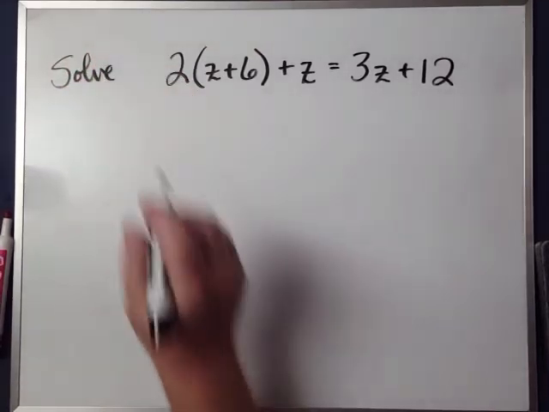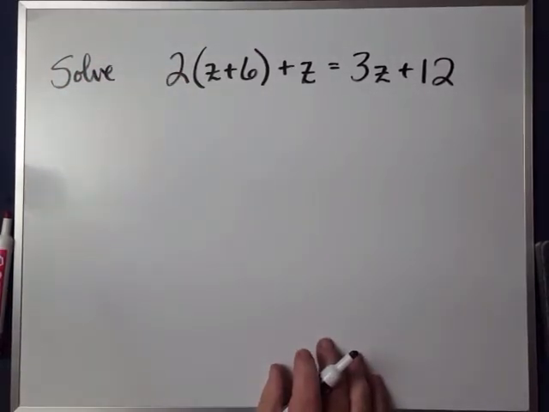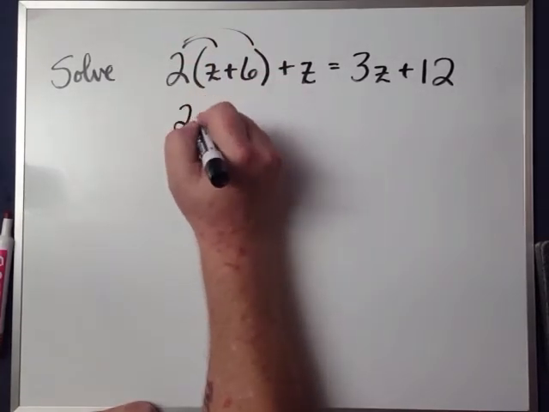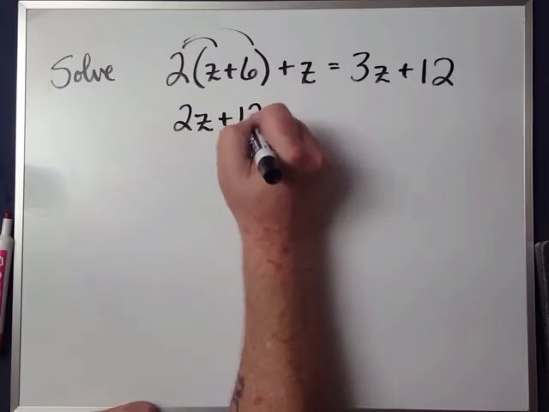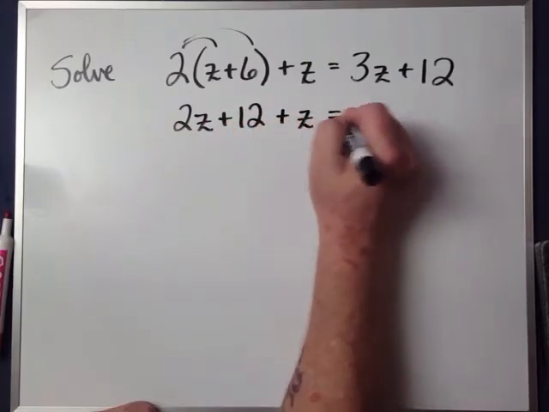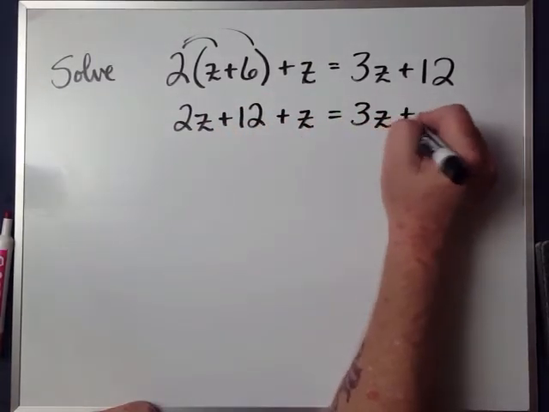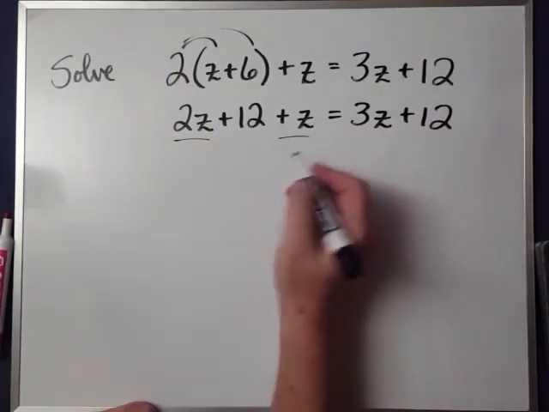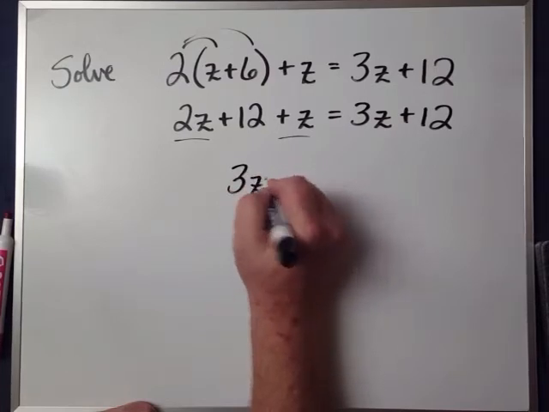Like for any of these equations. And so our approach: simplify both sides. The left-hand side needs to be simplified. We will distribute. The right-hand side is already simplified. We'll combine like terms. 2z plus z totals 3z.